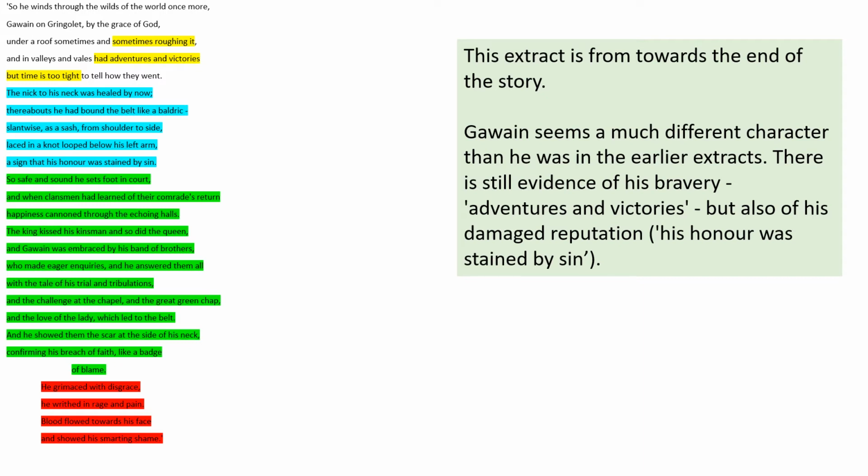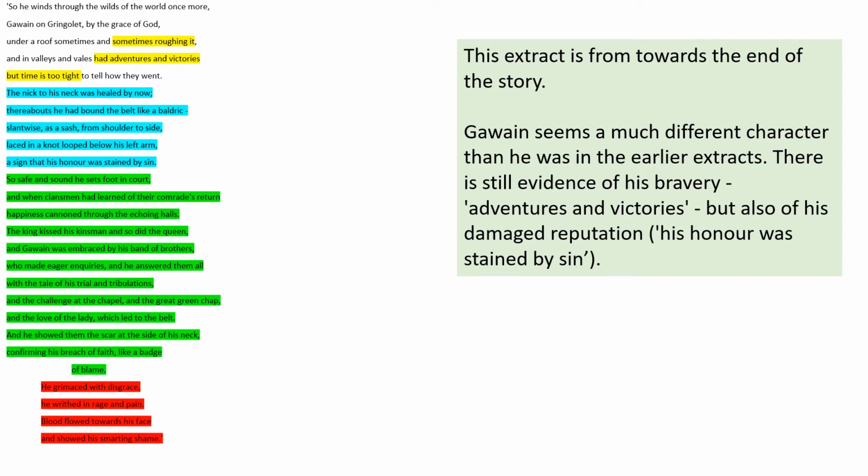So safe and sound he sets foot in court, and when clansmen had learned of their comrade's return, happiness cannoned through the echoing halls. The king kissed his kinsman, and so did the queen, and Gawain was embraced by his band of brothers, who made eager inquiries, and he answered them all with this tale of his trial and tribulations, and the challenge at the chapel, the great green chap, and the love of the lady which led to the belt.